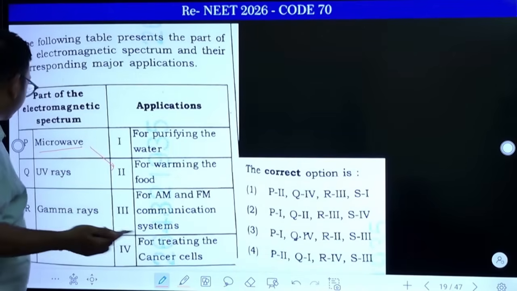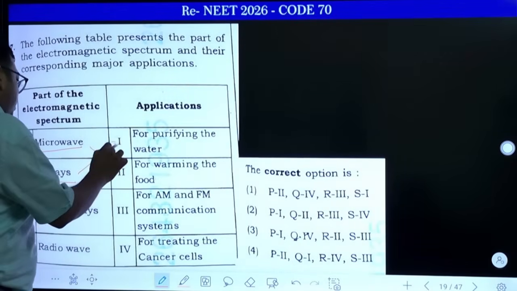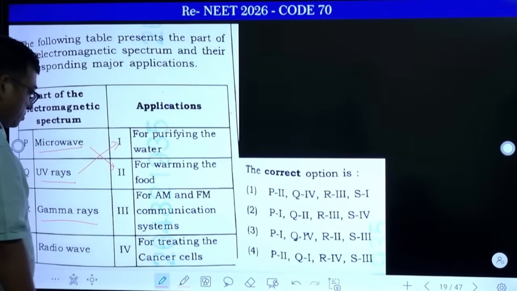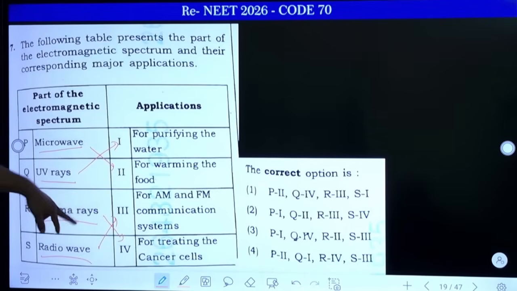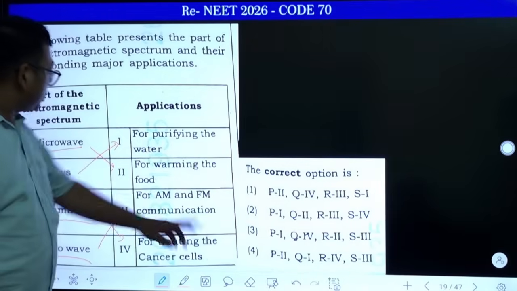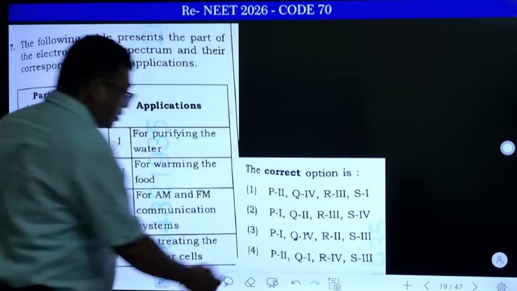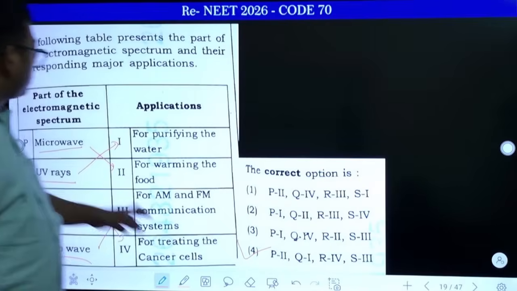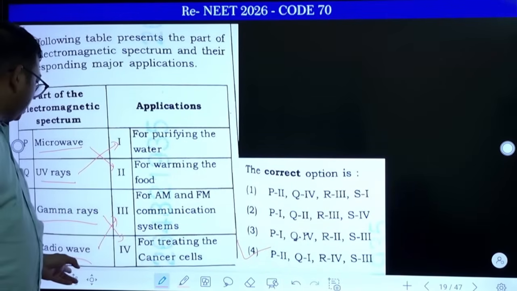Microwave oven we are using. Ultraviolet rays, purifying water. Gamma rays, treating cancer. Radio waves, communication, right? So P will be 2, Q will be 1, R will be 4, and S will be 3.